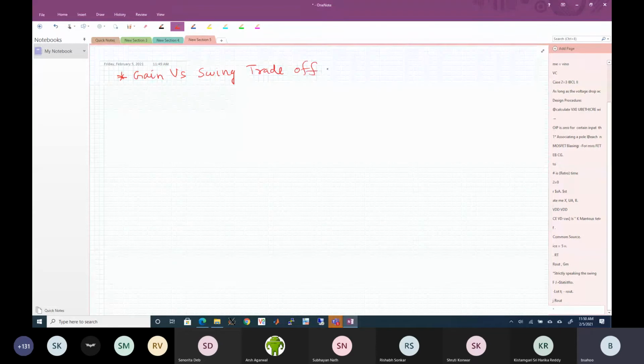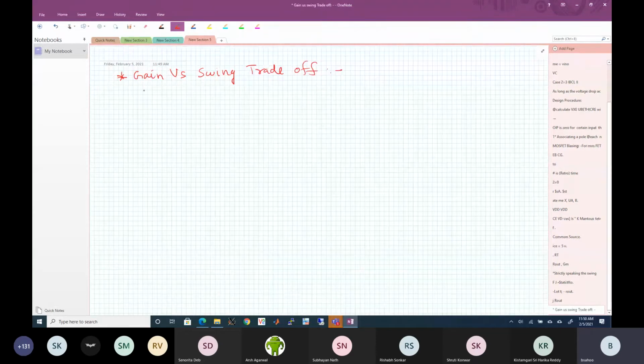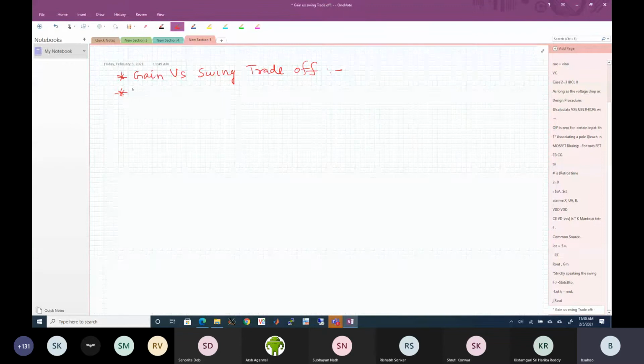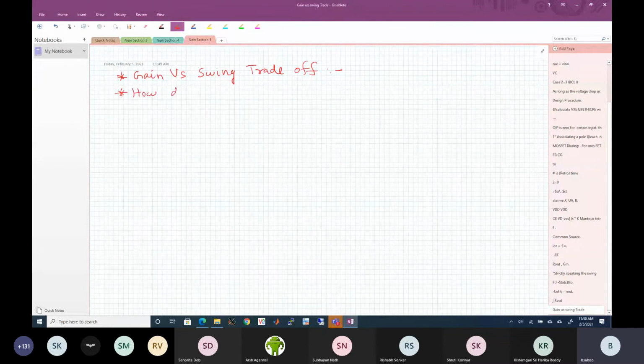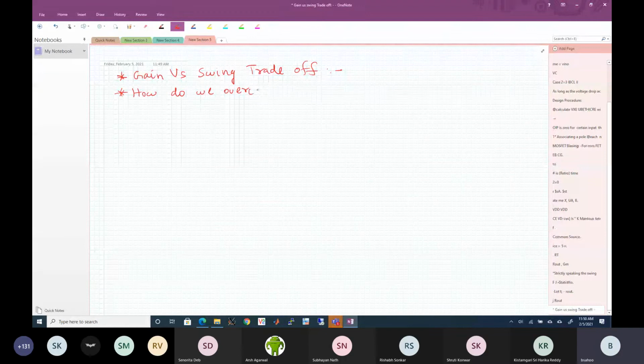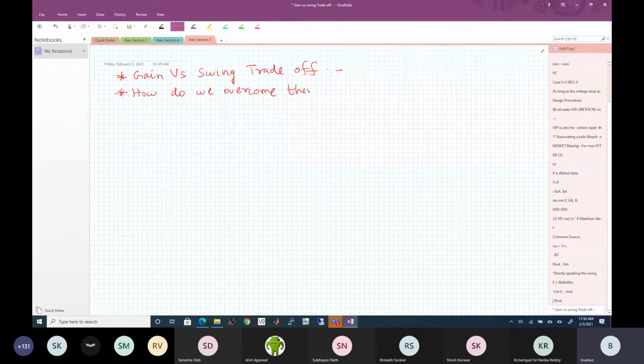Now, how do we overcome this? We will now discuss two topologies. One is this topology.